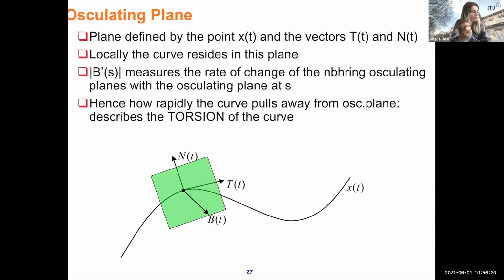Just imagine, maybe I should bring some planes, if you start twisting the curve, this osculating plane also starts changing very quickly and rapidly. And how rapidly the curve pulls away from that osculating plane describes the torsion of the curve.